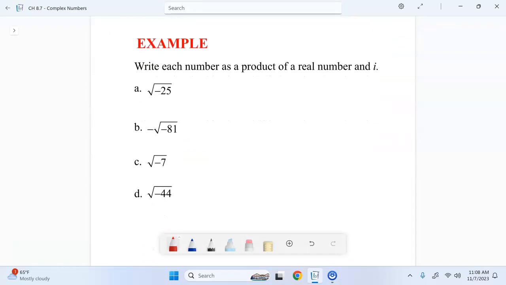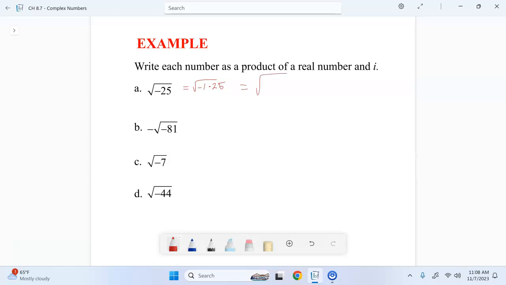So just like when we were simplifying radicals, we take our radicand and we split it into factors that we can take the square root of. We're going to do the same thing, but if our radicand is negative, we're going to always include negative 1 as a factor. Then we look at whatever's left and determine whether or not that's something that we can take the square root of. Can I take the square root of 25? Yeah, so I don't need to split it at all.